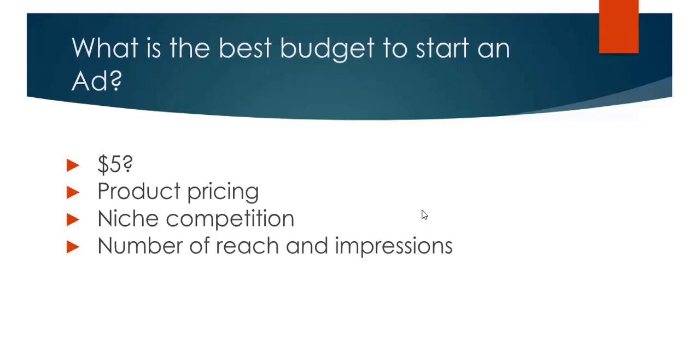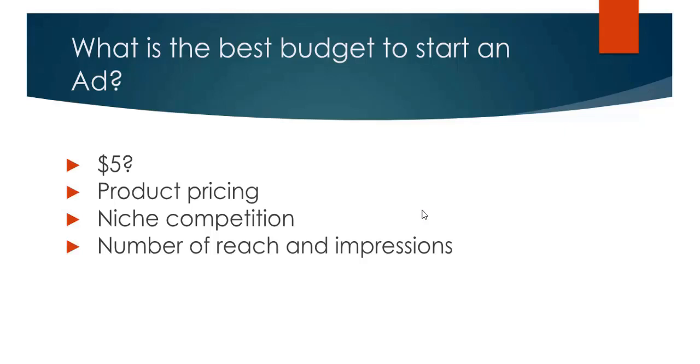Maybe your product cost would be like $1,000. Then what should be your strategy? You would start your testing with $50 because you need to reach more people, you need to engage more people with your ad so that you can get the right idea. So it totally depends upon your pricing.